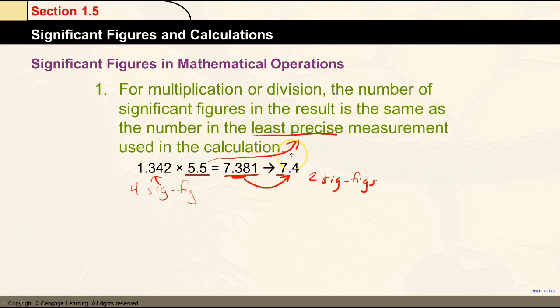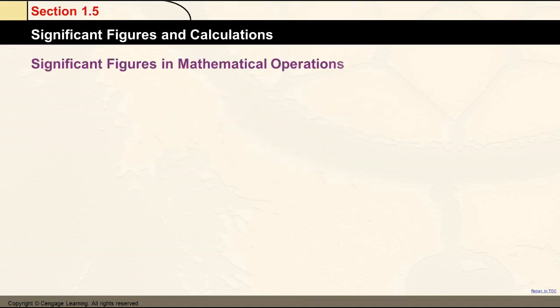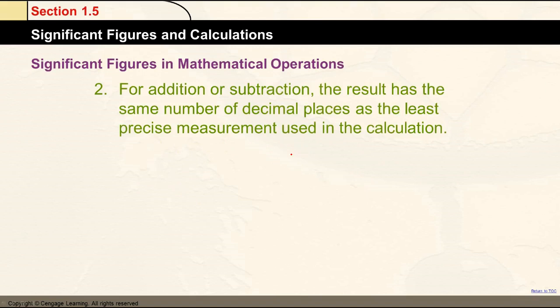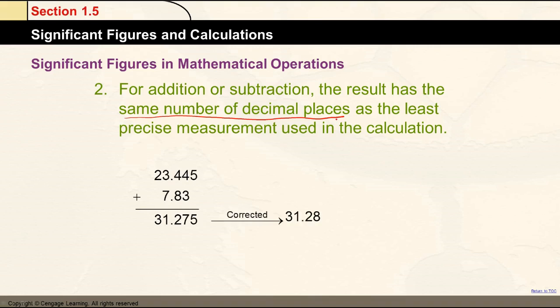With adding and subtracting, it's going to be a little bit different. When you add or subtract, you use the same number of decimal places as the least precise measurement in the calculation. So if we take a look here, we have 23.445 plus 7.83.